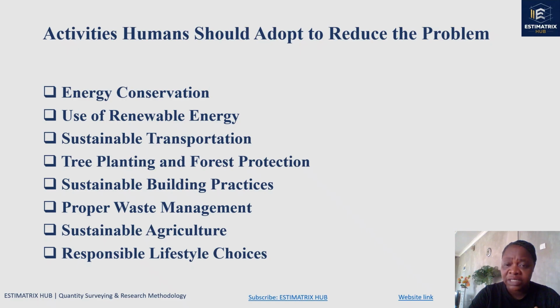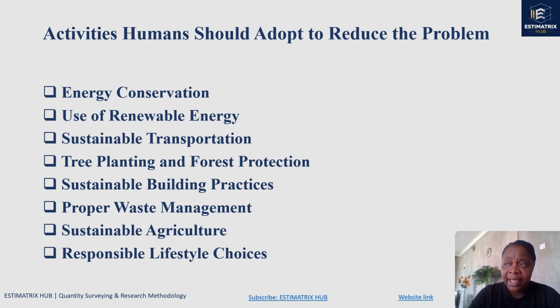Switch off our lights and appliances when not in use. Use energy efficient bulbs and appliances. Then reduce generator usage where possible. Instead of a generator, we can make use of solar and things like that.